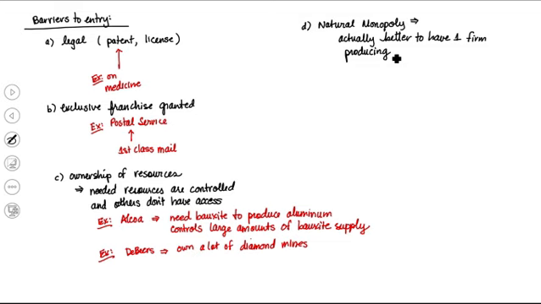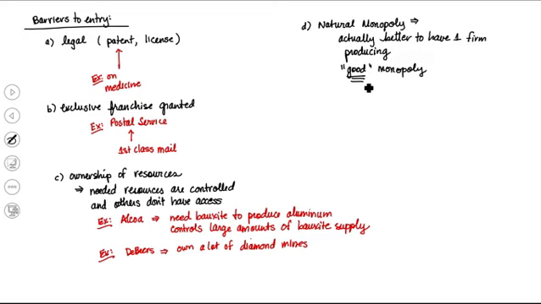So this would be an example of what we might call a good monopoly. We don't normally think of monopolies as being good, but this might be the case where we think of a monopoly as being good. All right?